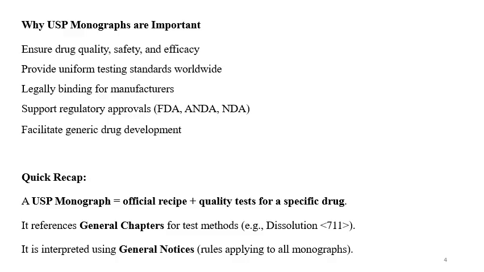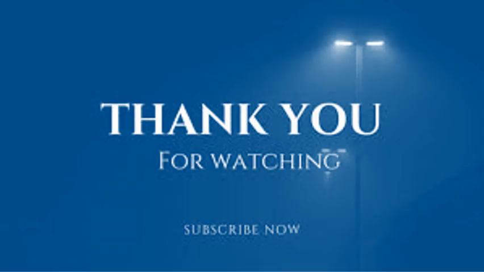So these general notices apply to all the monographs and general chapters apply to the requirements whenever given in the monograph and also whenever you are going to develop the in-house method. I have also made a video on USP monograph general chapter and general notices. I request you and suggest you to go through those videos so that you will have the information.